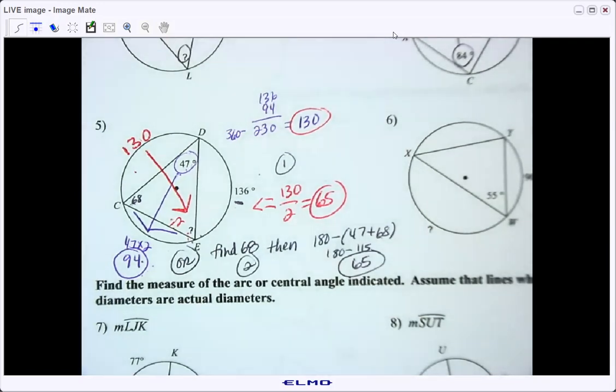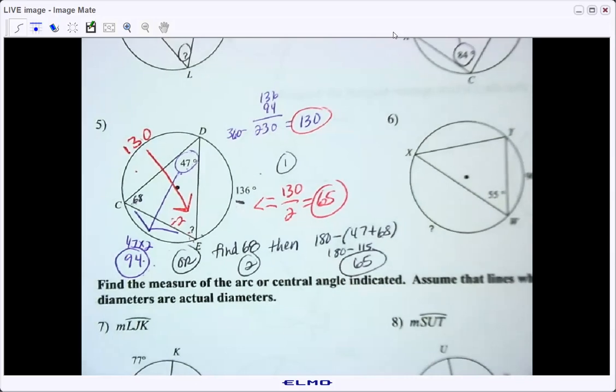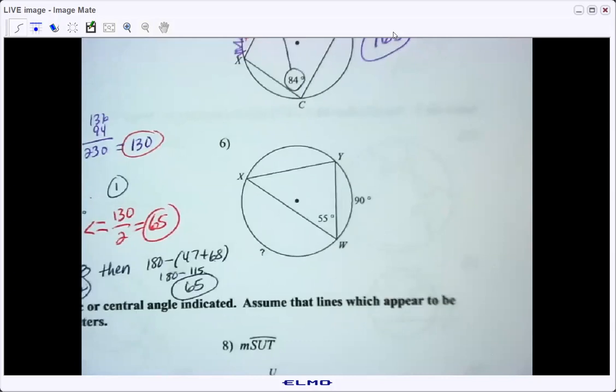Nice. Okay. Some are the same. I have a little bit more number 1s than number 2s, but a good mix. I just want you to see that sometimes there are multiple options. Okay. Let's look at number 6.